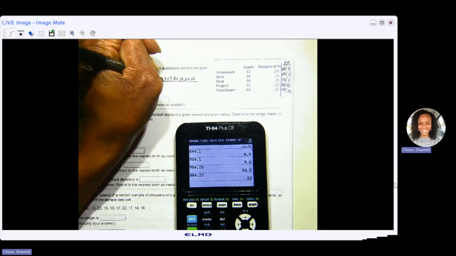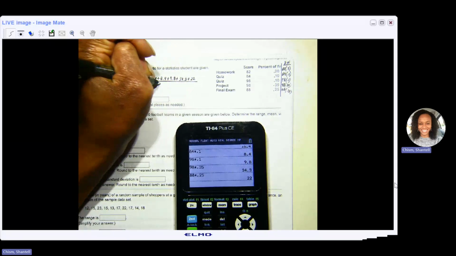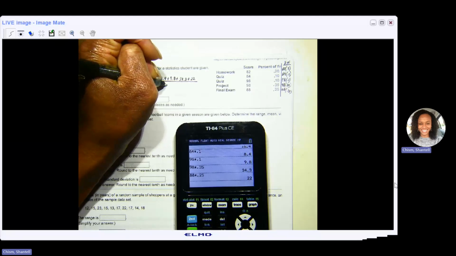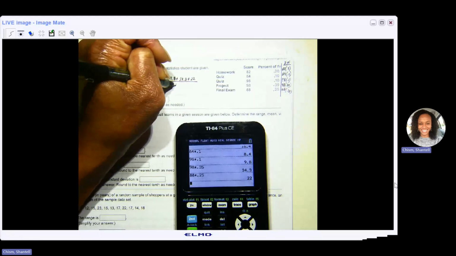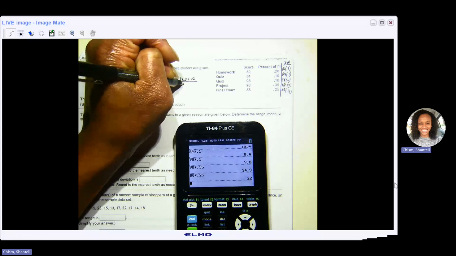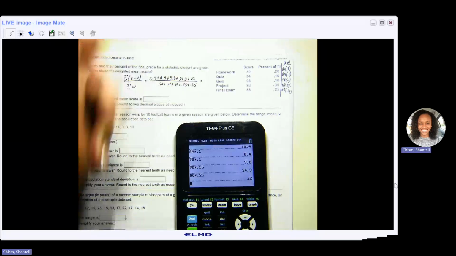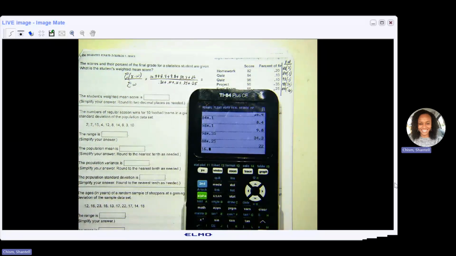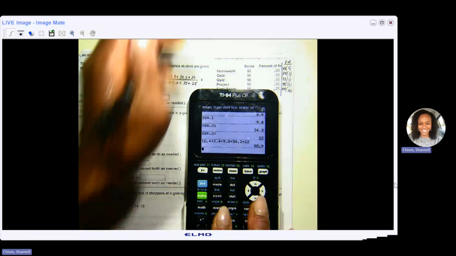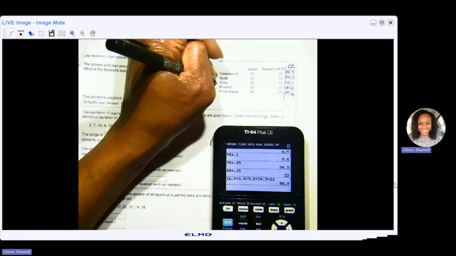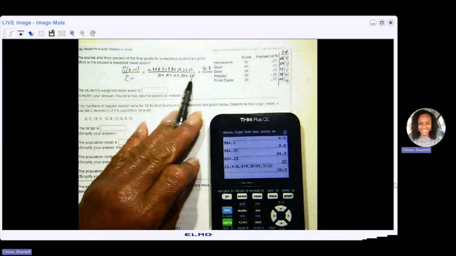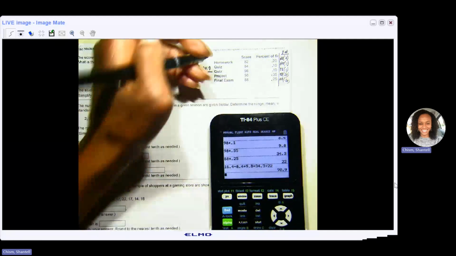And then that is going to be all over the sum of just the weights, which is 0.20 plus 0.10 plus 0.10, or just 0.1, plus 0.35 plus 0.25. So 16.4 plus 8.4 plus 9.8 plus 34.3 plus 22, I get 90.9. And then here on the bottom, that's added up all together to give you 1.